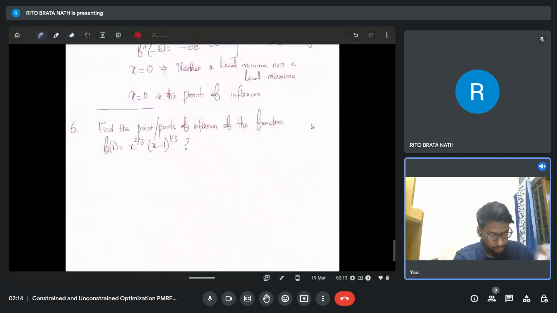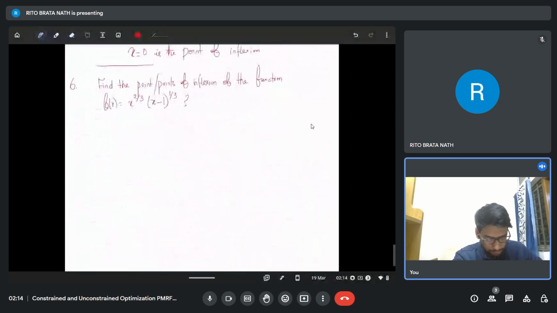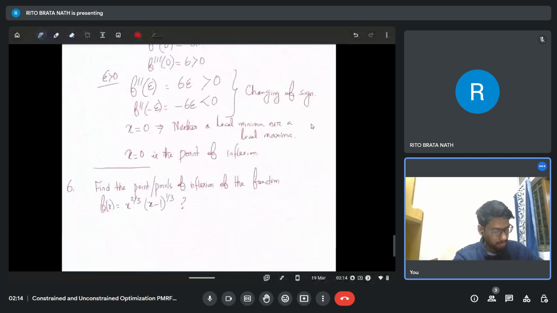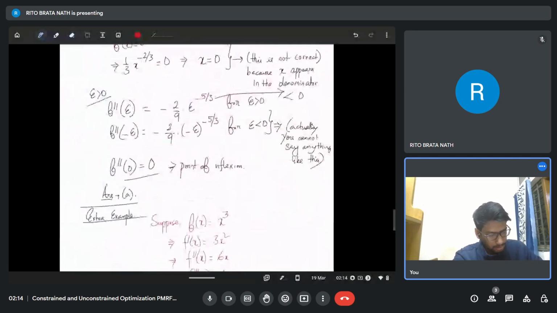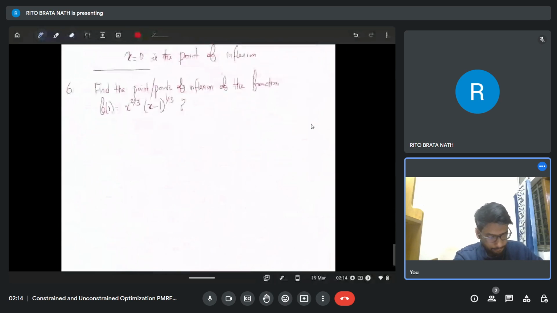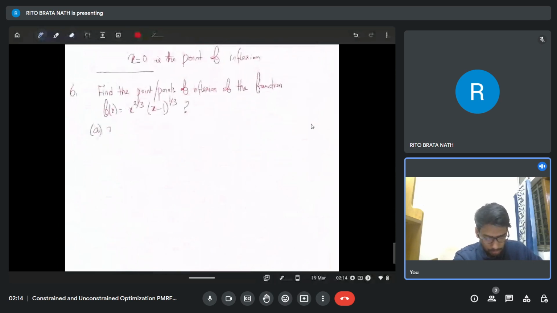Okay, so the options are, I'll write them down anyway. Option A is x equals 0, 1 are the points of inflection.